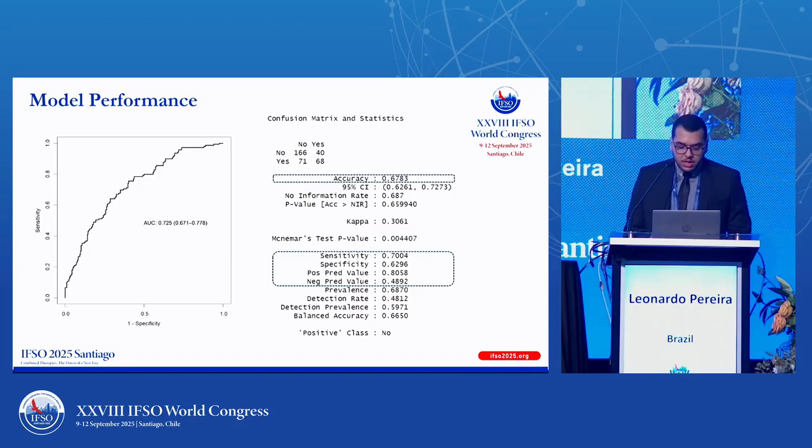Of course, the overall accuracy was about 68%, and the negative predictive value was lower, around 49%. This tells us the model is not strong enough to rule out fibrosis safely yet, but it does help us to identify higher risk cases with reasonable confidence. We are still improving this model with new data, but these early results are promising.